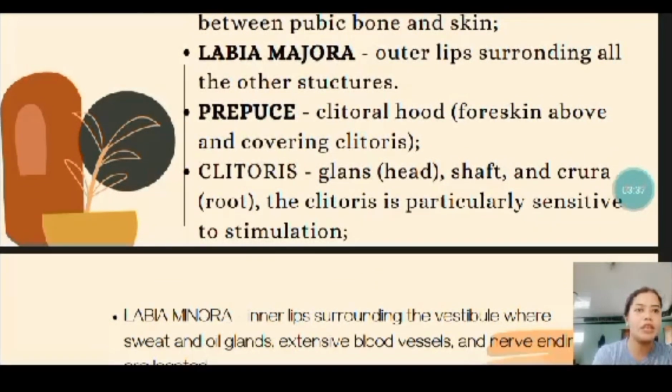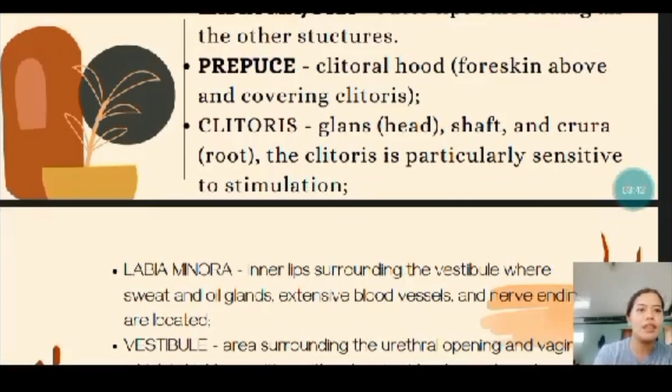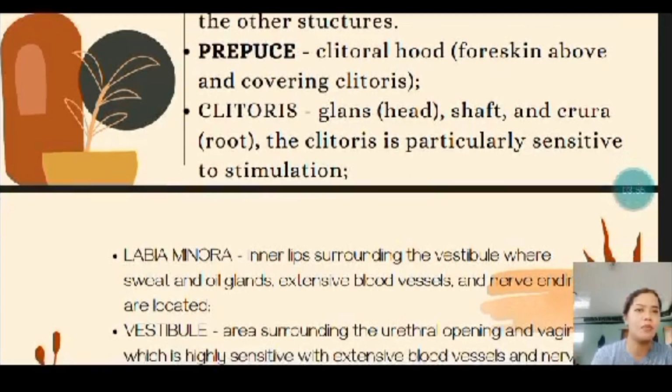Prepuce, or clitoral hood: foreskin above and covering the clitoris. The glans or head, shaft, and crura or root. The clitoris is particularly sensitive to stimulation.